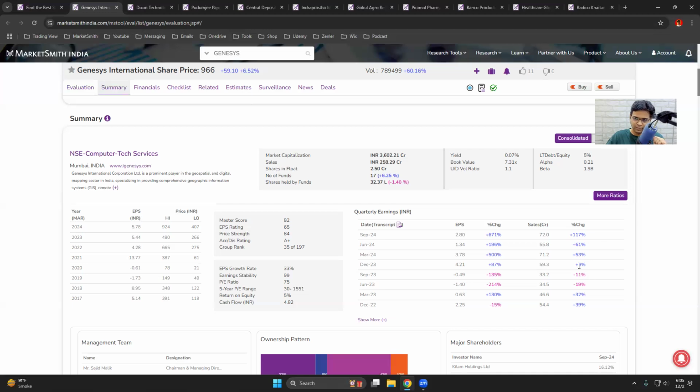As you can see here, you have acceleration: 9%, 53, 61, 117. So it is accelerating sales growth. Just two conditions: either this should be minimum 25%, or if it is less than 25%, then for 3 consecutive quarters there should be accelerating sales growth. That is what William O'Neill has said.